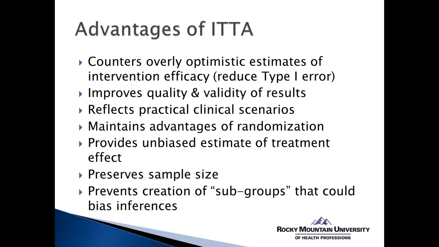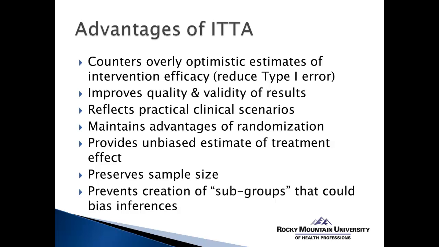Okay, another advantage is it improves the quality and validity of the results. By making sure that we are accounting for all the possible things that could go wrong, and we can still see a treatment effect, that strengthens our interpretation to show that we've accounted for all of the possibilities that could go wrong.